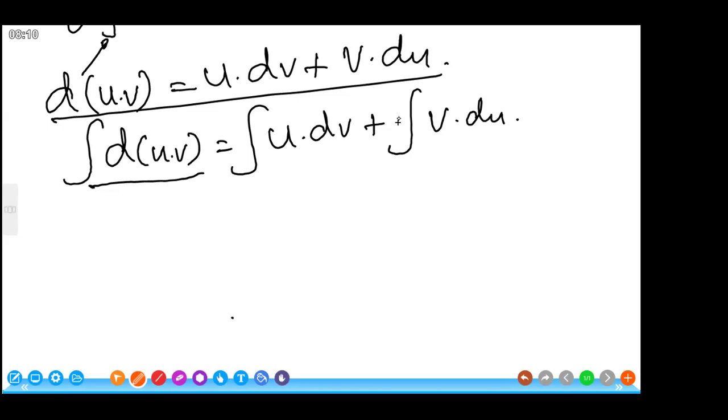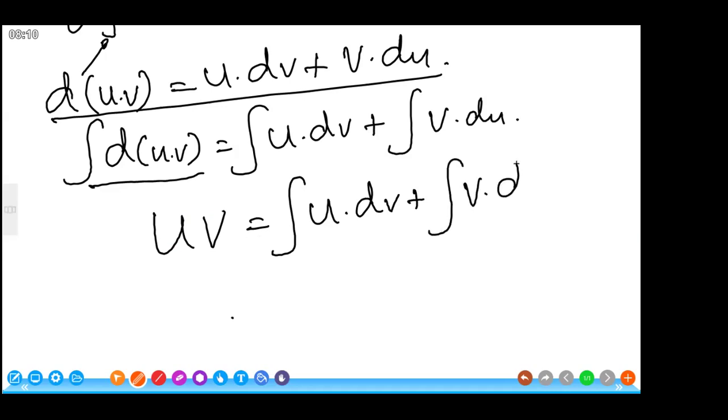Forget about plus c. It is uv. If you integrate the derivative of uv, it is uv. Do you all agree, everyone? So uv is equal to the integration of u into dv plus the integration of v into du. So there is a relationship between these three components.